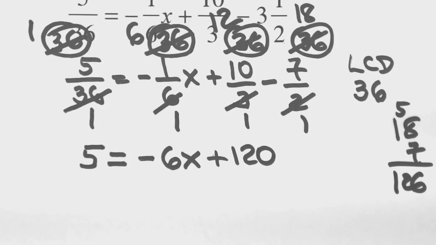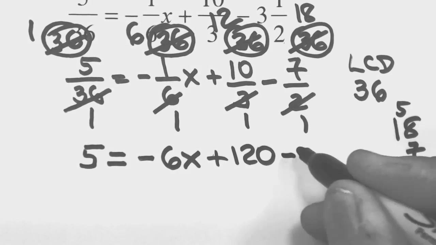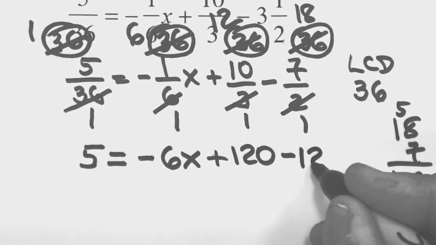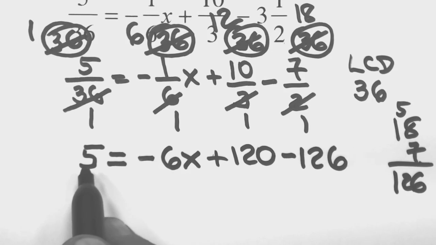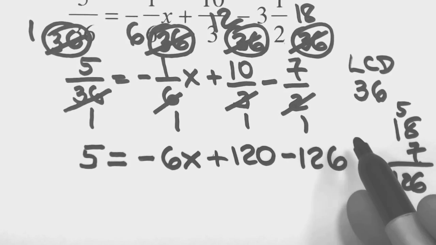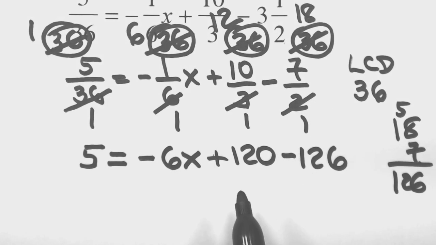I think it's 126, huh? So, minus 7 times 18 is minus 126. Okay, well, this guy here has exactly the same answer as this original equation up here with all the fractions, but now it's a lot easier to work with.